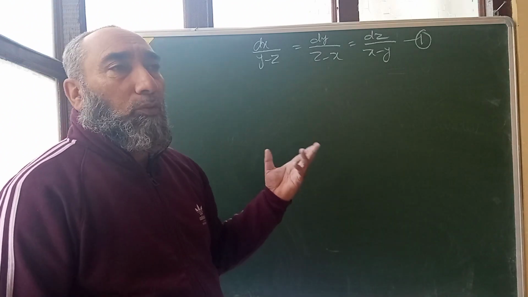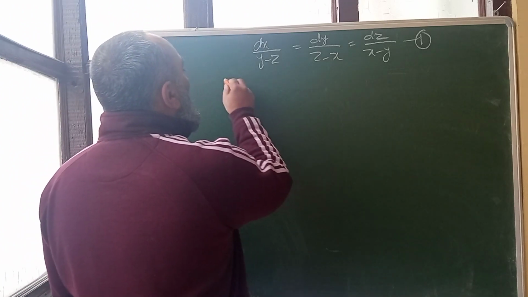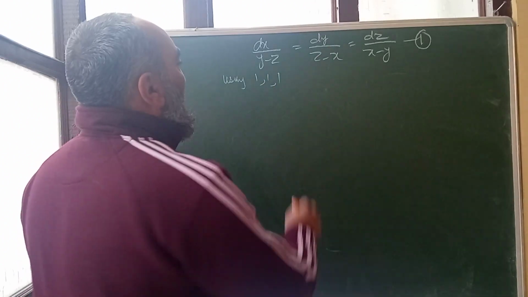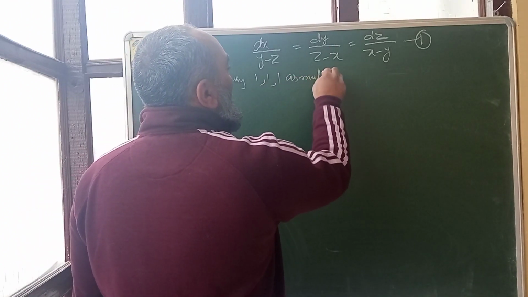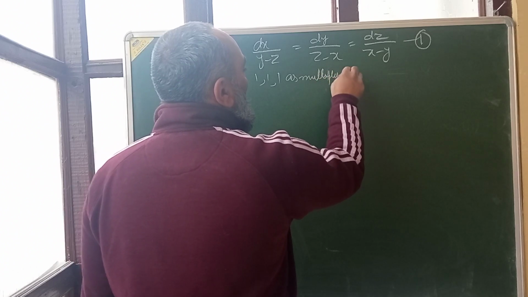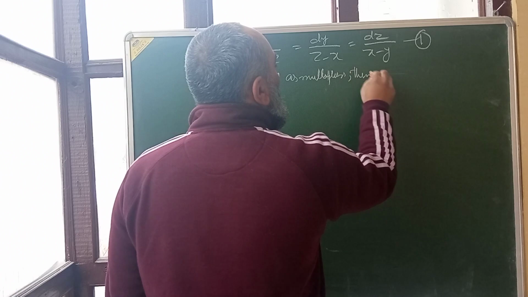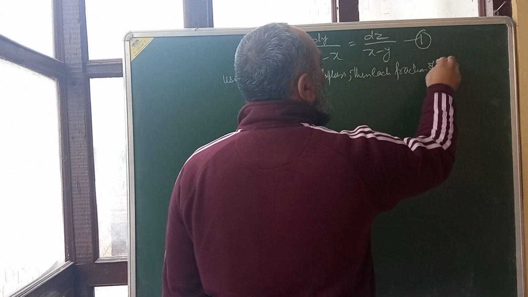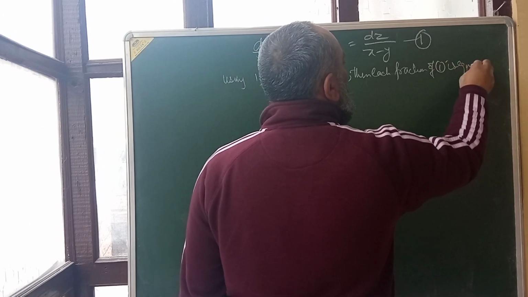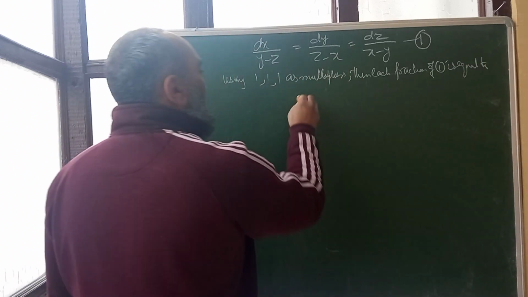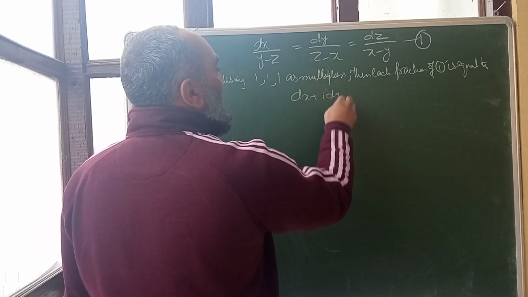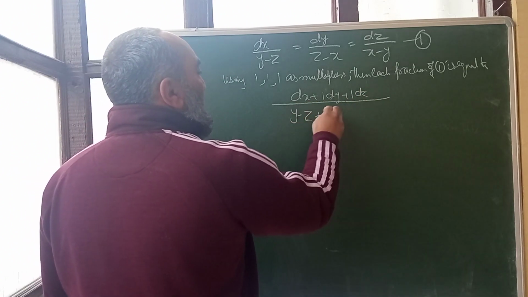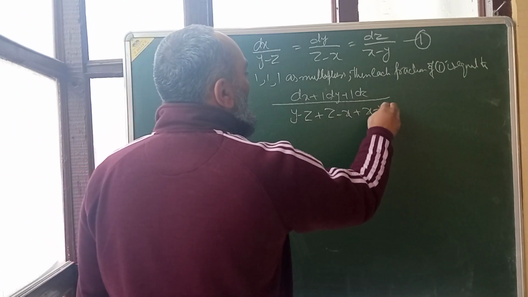Okay. Now I have to use rule 1. See, if I will use 1, 1, 1 as multipliers, then each fraction is equal to, this is important, 1 dx, 1 dy, 1 dz divided by y minus z into 1, z minus x into 1, x minus y into 1.